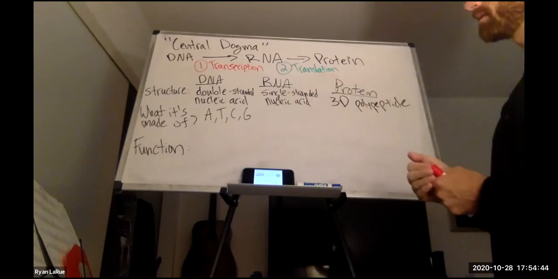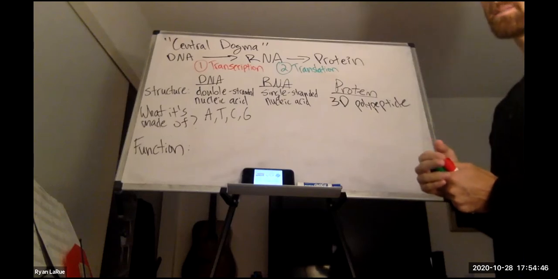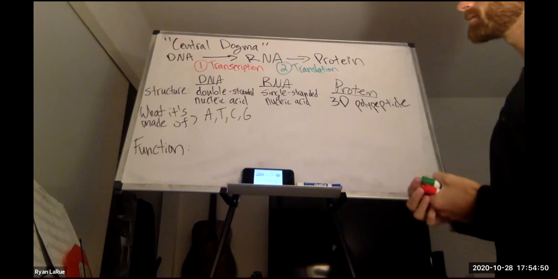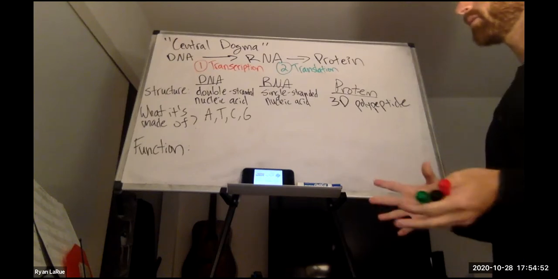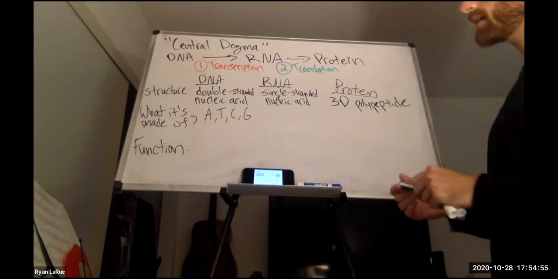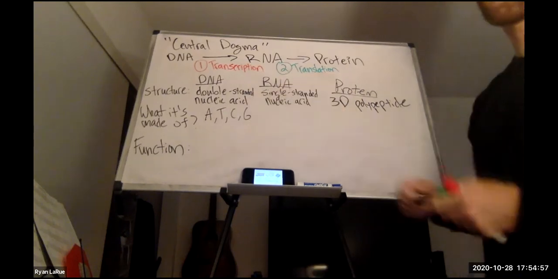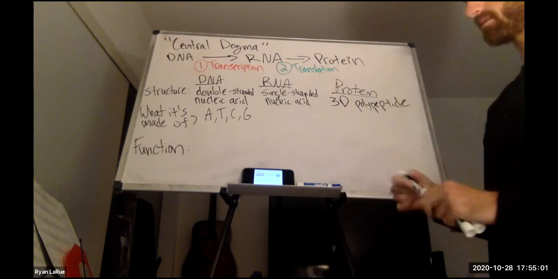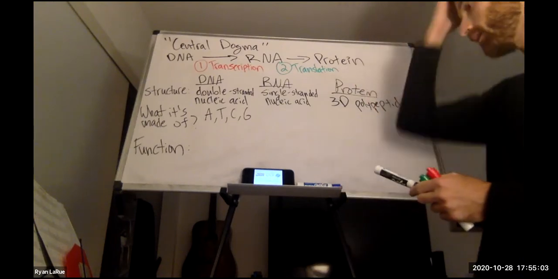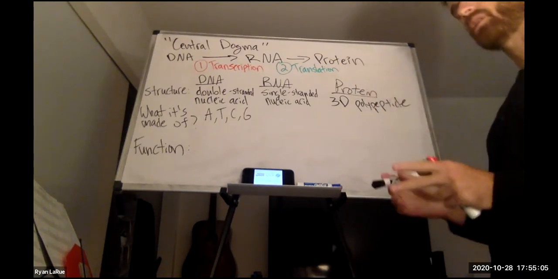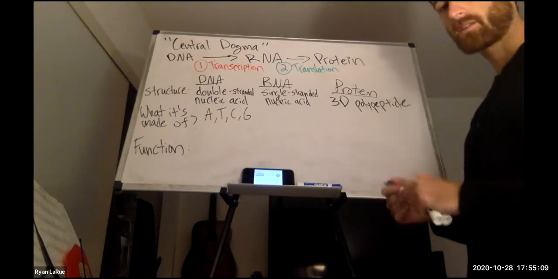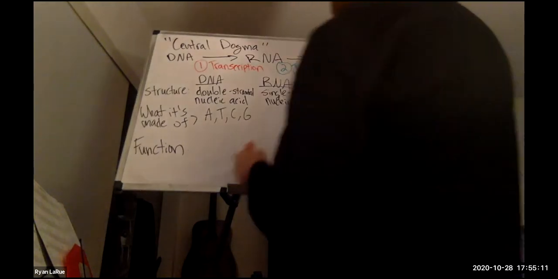RNA, also 4 choices, 4 base possibilities. But the difference that I want you to know is that there's no thymine in RNA. RNA does not contain any thymine bases. It contains a different one that's similar looking, but it has a different name. Yeah, Sana, it's a U. That's correct. So it's uracil.